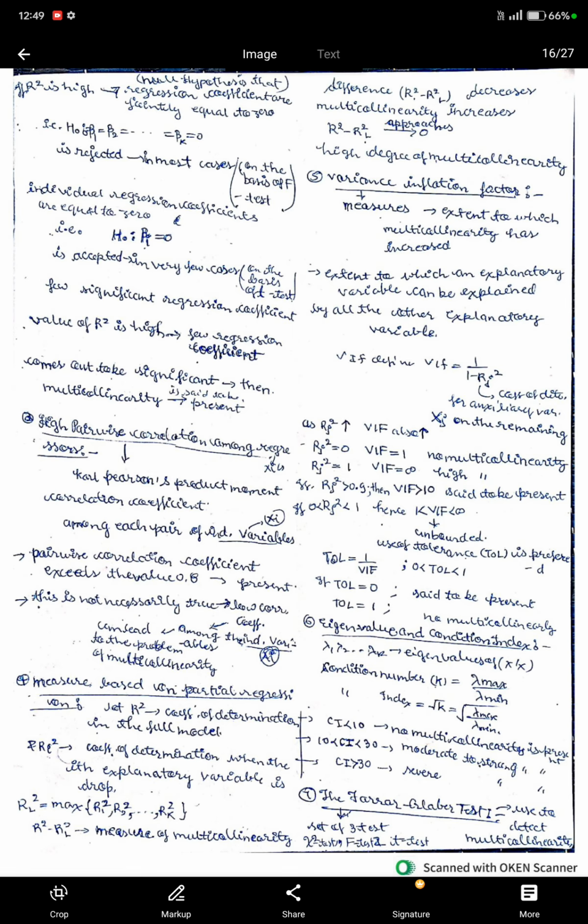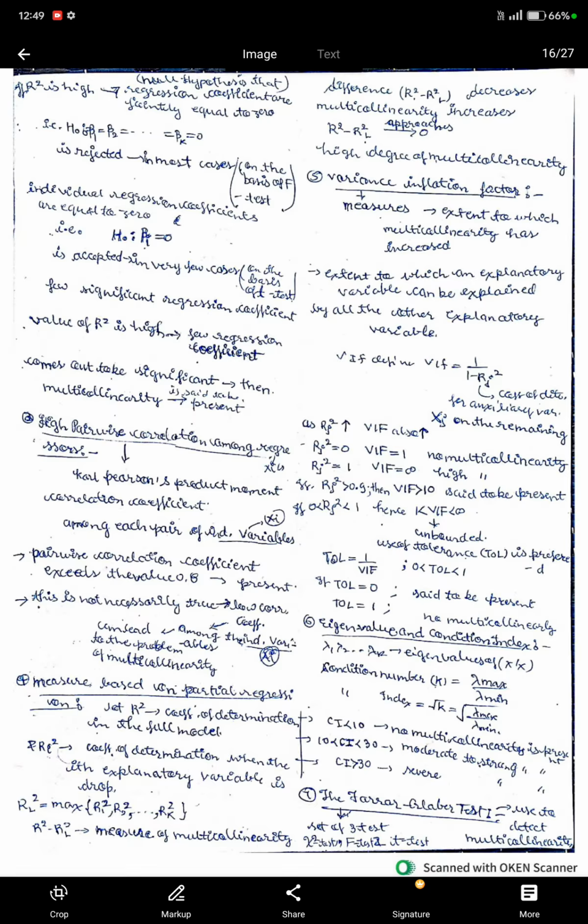Then multicollinearity is said to be present. High pairwise correlation among regressors: Karl Pearson's product moment correlation coefficient among each pair of independent variables xi.